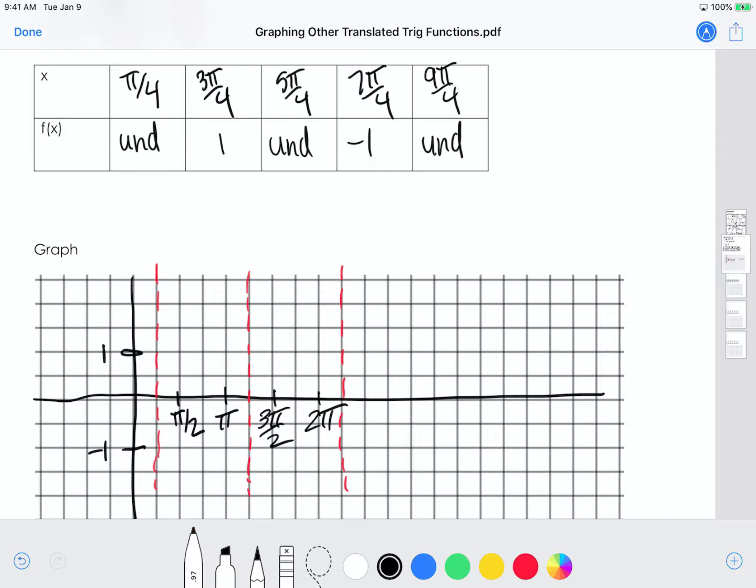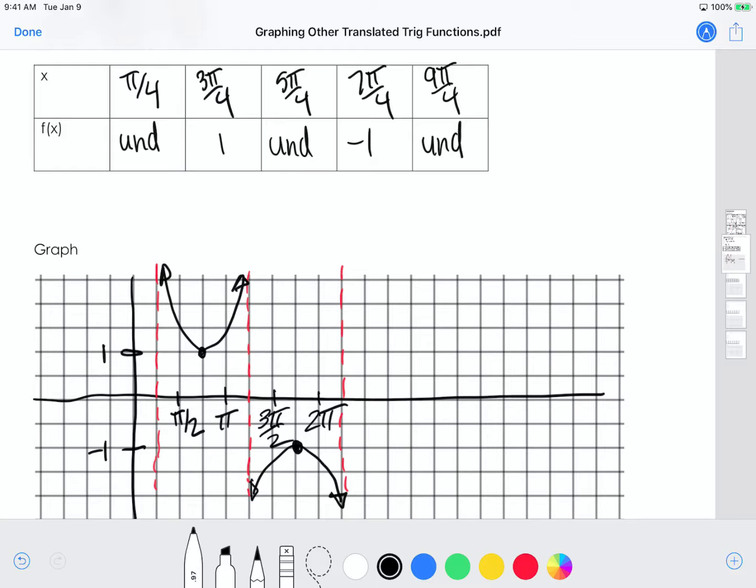And then at 3 pi over 4, which is between pi over 2 and pi, we go to 1. And then at 7 pi over 4, which is between 3 pi over 2 and 2 pi, we go to -1. And so here is the first cycle of cosecant of x minus pi over 4.